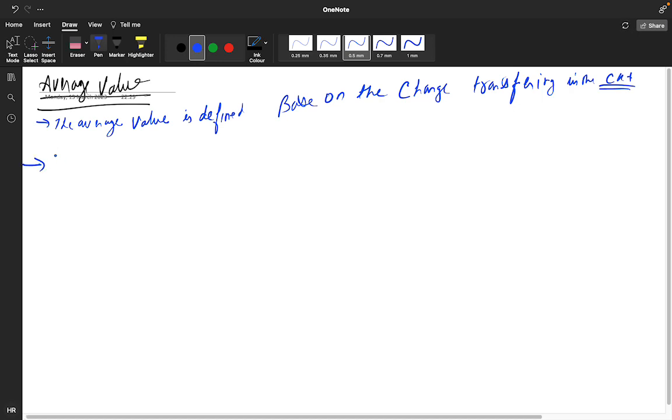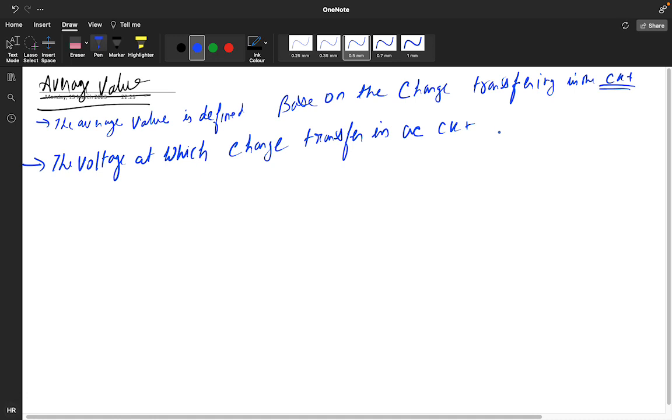So the voltage at which the charge transfer in an AC circuit is equal to the charge transfer in the DC circuit.